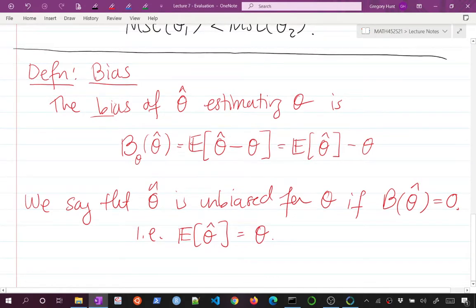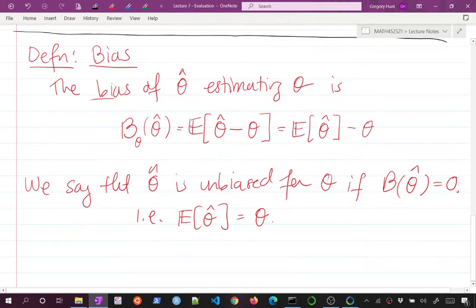So on average, an unbiased estimator gets it right. The expected value of our estimator gives us the right answer. Any individual sample that we use to calculate theta hat according to the formula may or may not exactly tell us the true value of theta, but on average we'll get it right. And indeed, if you have a continuous problem, the probability that theta hat is ever equal to theta is obviously 0, right?